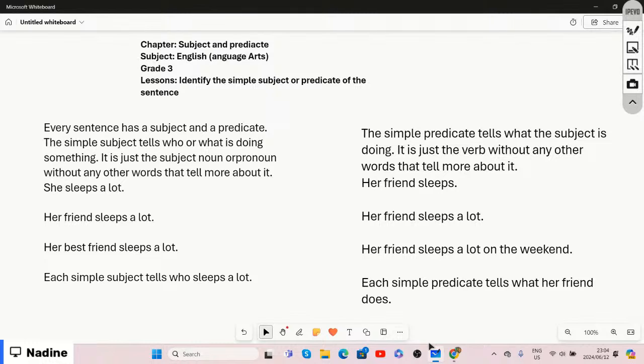And the lesson we're going to be focusing on under the chapter of subject and predicate is to identify the simple subject or predicate of the sentence.